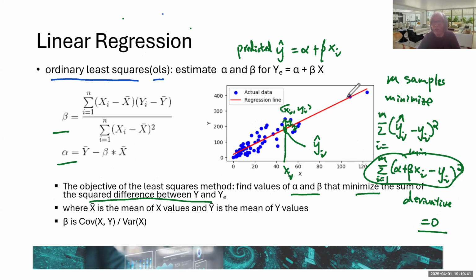Visually, we can also understand it like this: if you use another slope and another intercept, the summation of the squares is going to be larger than this one. So this one is the least squares one, and we call it ordinary least squares.